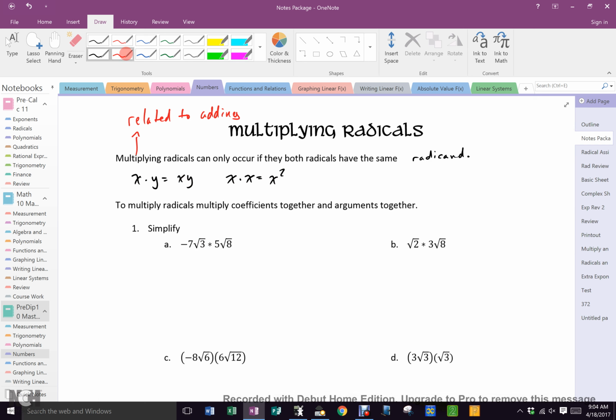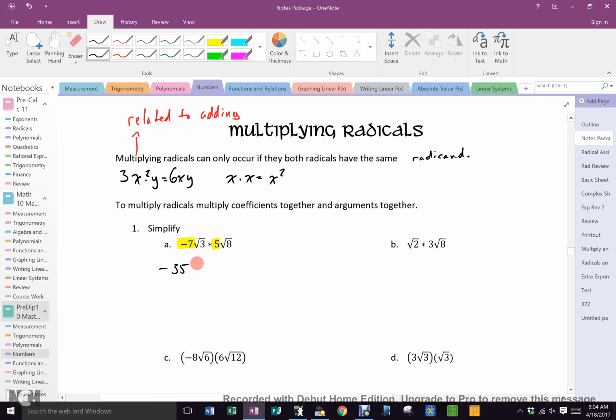All right. So, what do you think we do with the coefficients? What would we do if this was 3x and 2y? What would the answer be? 6xy. So what do you think this answer has to be? Negative 21. Now, x times y. Oh, sorry, negative 35. Sorry, guys. I was doing 7 and 3.